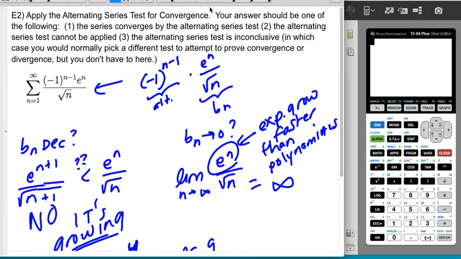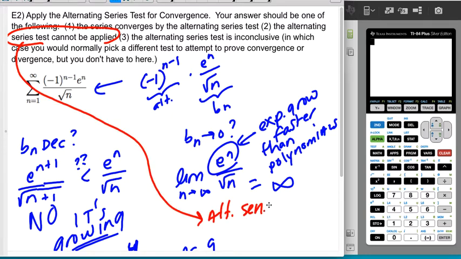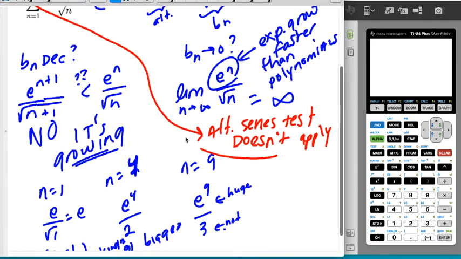So when I'm asked which of these things is happening, the answer is I cannot apply the alternating series test. The alternating series test doesn't apply. Now, for the record, this thing definitely diverges. You weren't actually asked that, so just as an FYI, you were not asked for this.